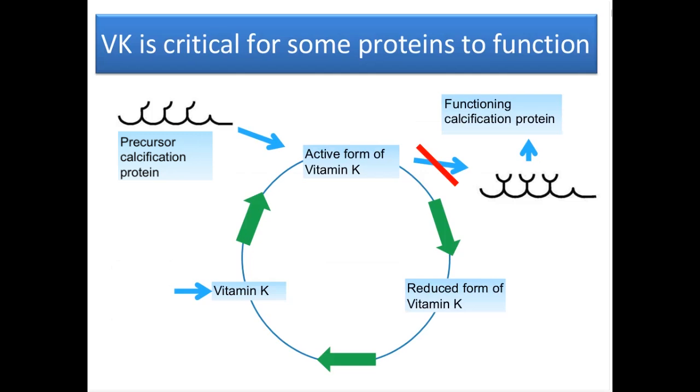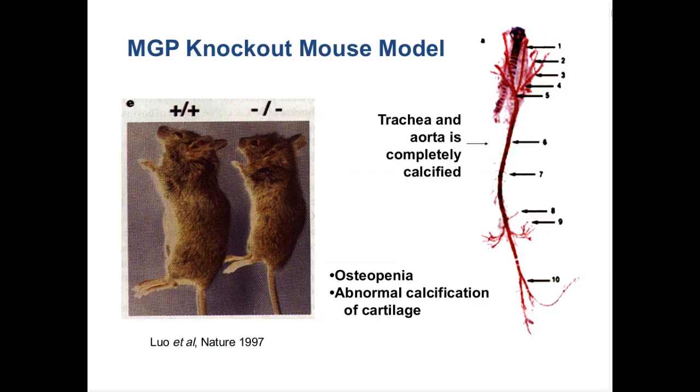When we don't have the vitamin K, the calcification protein doesn't function properly. We have seen this in a mouse model generated by a group in Colombia.